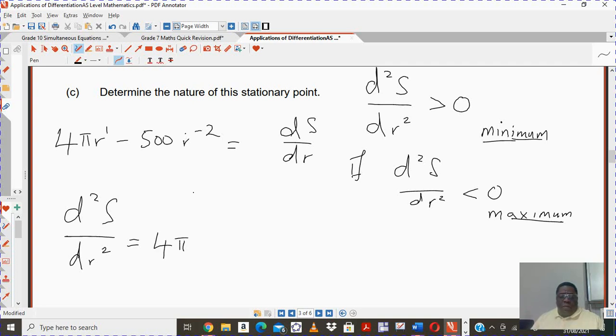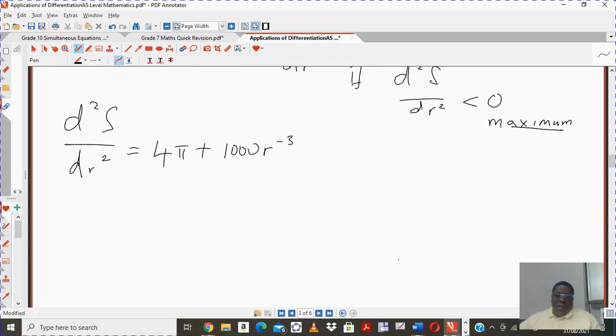And when you multiply that with that, you get the positive 1,000, because 2 times 500 is 1,000, r raised to the power of negative 3. Okay, so this can be written as 4 pi plus 1,000 over r cubed.